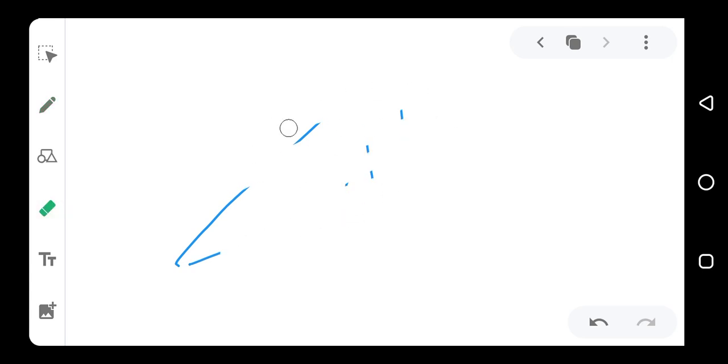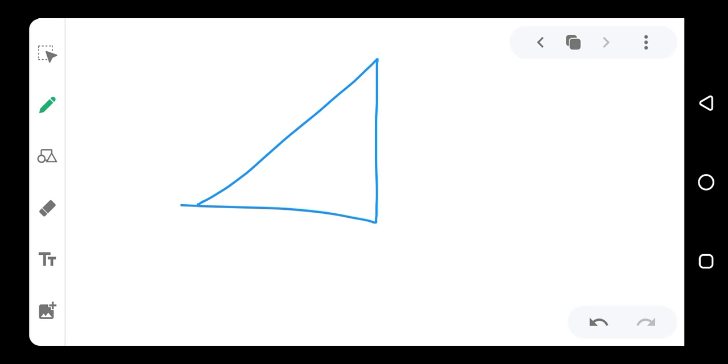Let me write it again. We have 1, 1. So what is this side? This is 90 degrees, this is 45, and this is 45. Now using Pythagoras theorem again, this is the hypotenuse.